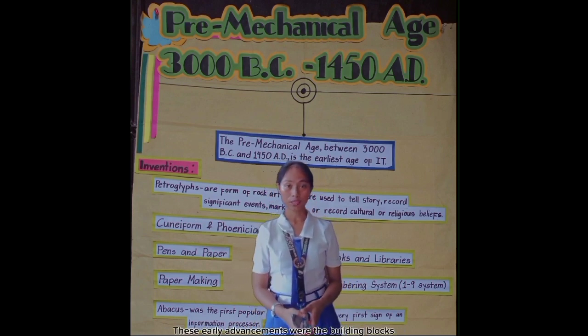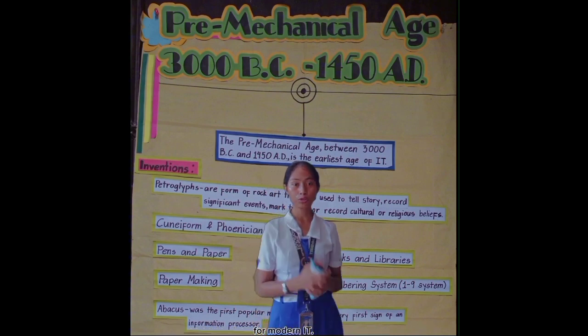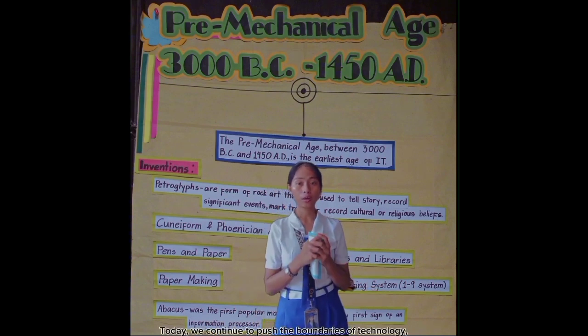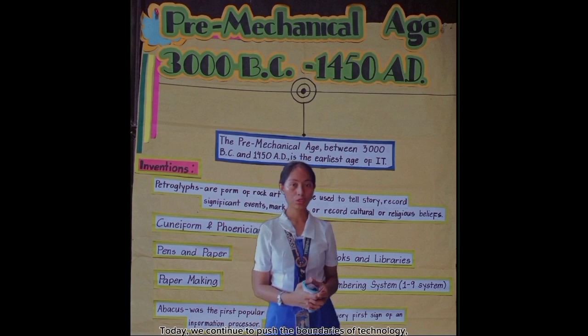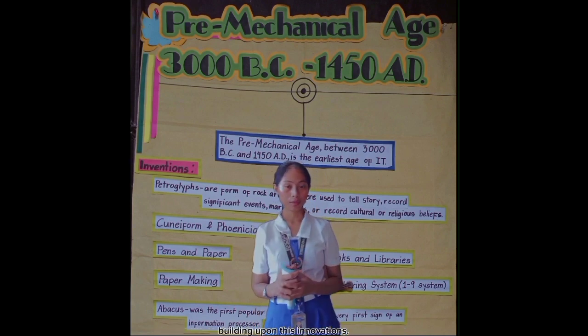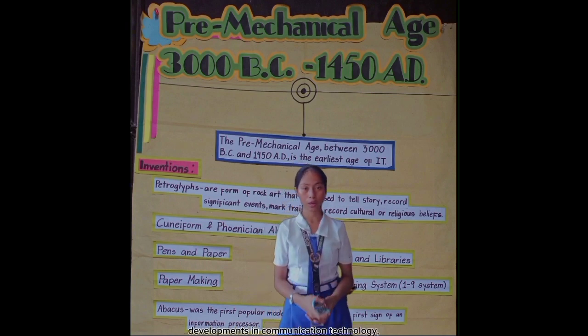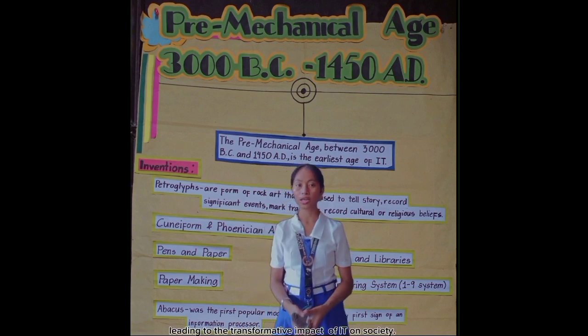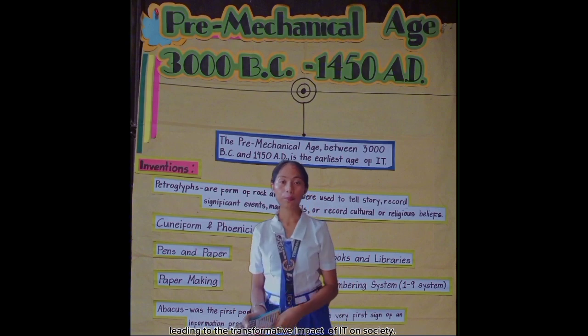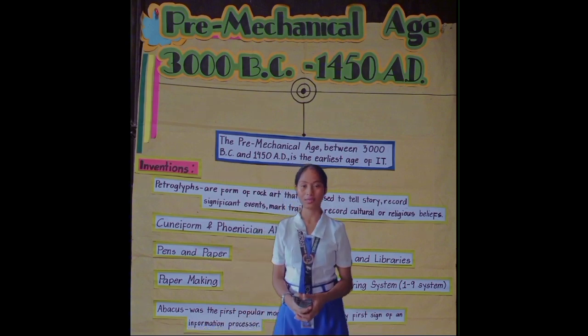These early advancements were the building blocks for modern IT. Today, we continue to push the boundaries of technology, building upon these innovations. They lay the foundation for future developments in communication technology, leading to the transformative impact of IT on society.